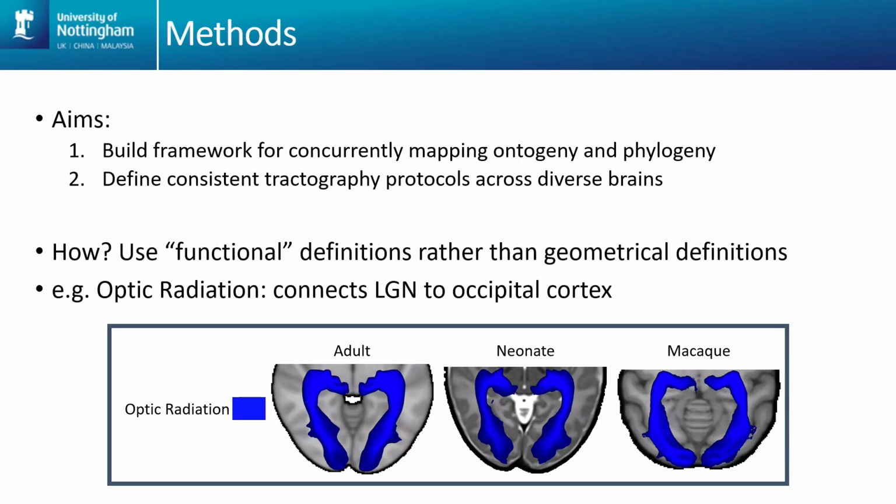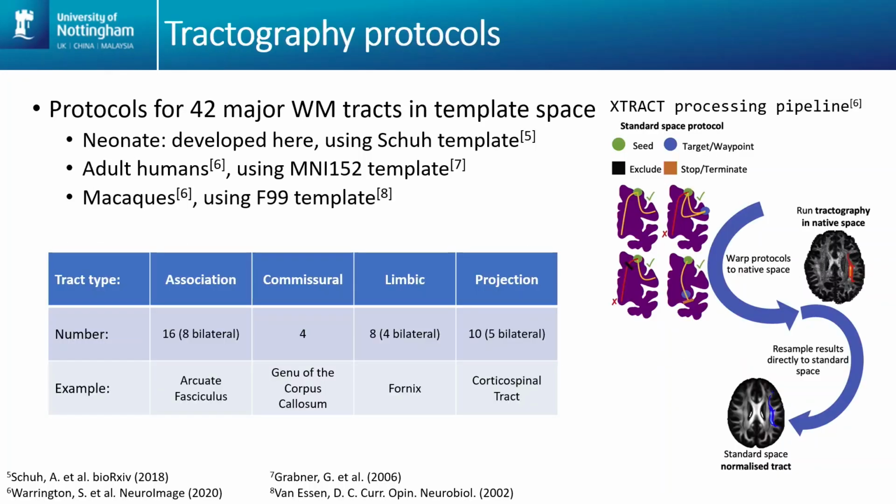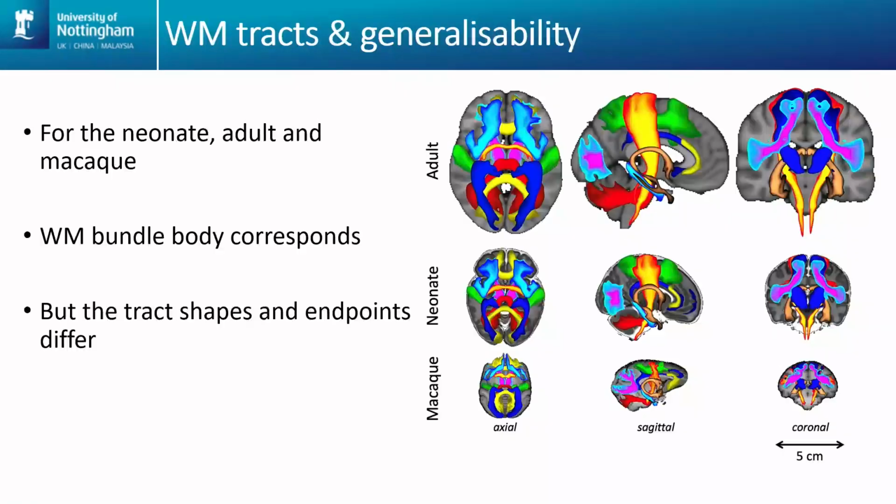So we define protocols to reconstruct this tract accordingly in the neonate, the adult, and the macaque. And we do this for 42 major white matter tracts for major association, commissural, limbic, and projection fibers in the neonate, the adult, and the macaque in respective template spaces. And we use our previously published tractography pipeline, FSL's XTRACT, to perform tractography.